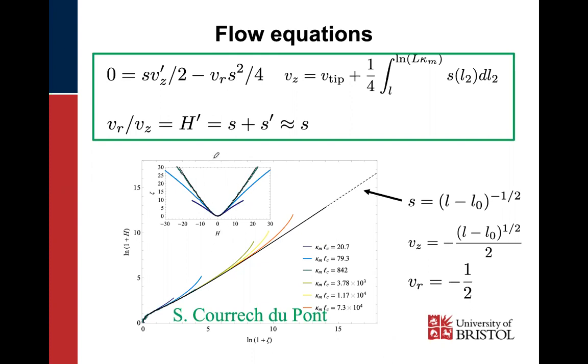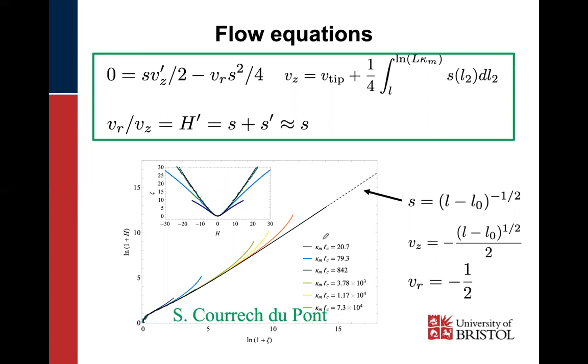So this is the similarity solution near the tip, rescaled in this similarity way. And you see that as the strength of the flow increases, as the curvature goes down, this approaches more and more the theoretical solution. And you see that even better on a logarithmic scale, where here is the curvature.